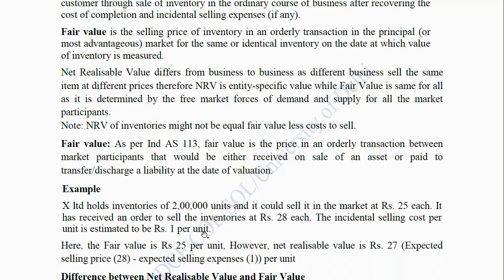The incidental selling cost per unit is estimated to be rupees 1 per unit. Here, the fair value is rupees 25 per unit. However, net realizable value is rupees 27: expected selling price 28 minus expected selling expenses 1 rupee per unit.